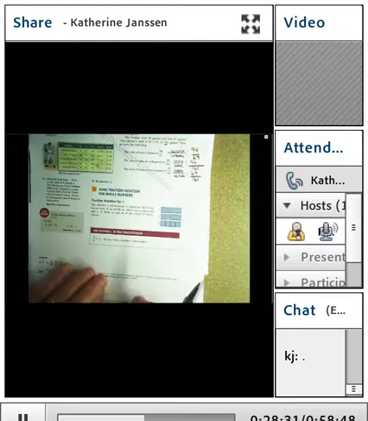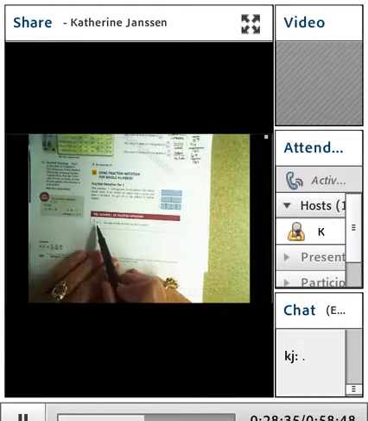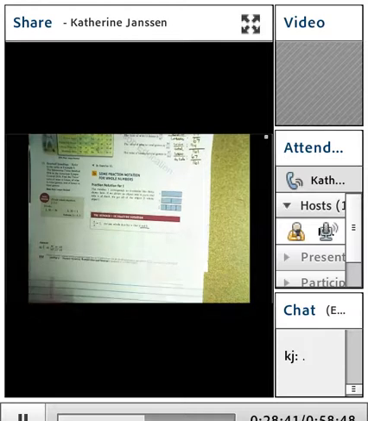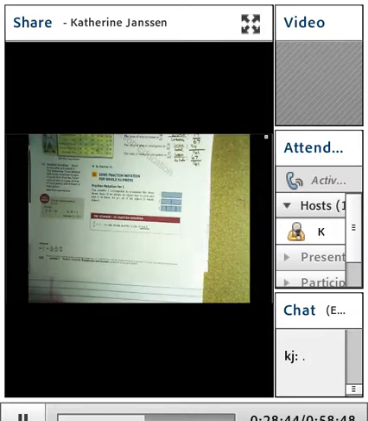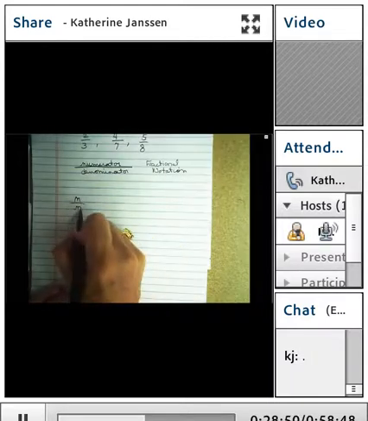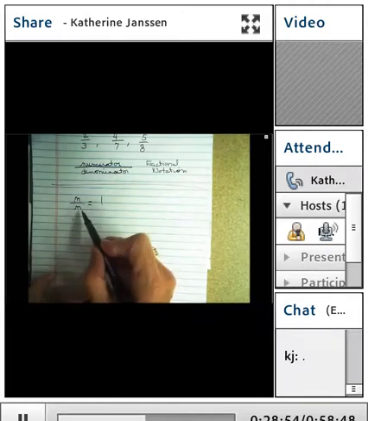A special case is when we have a number of 1 in fraction notation. Any number, n over n, is equal to 1, as long as we're not dividing by 0. Division by 0 is undefined. So n over n is another name for 1. N over n is in fractional form.